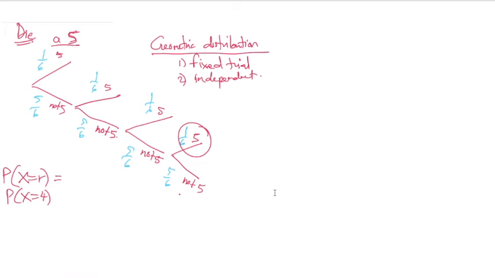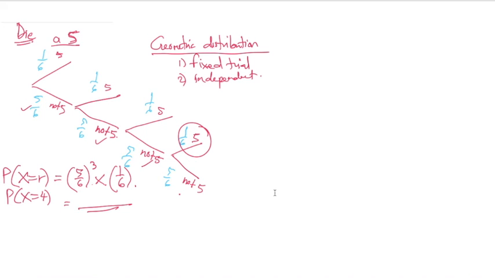Before that, your first 3 tries you didn't get it, and the failure is 5 over 6, to the power of 3. This is multiplied by the fourth time you got a 5, and the probability of getting 5 is 1 over 6. So this is your formula, and from there we can work out the answer. I think you guys can do that.